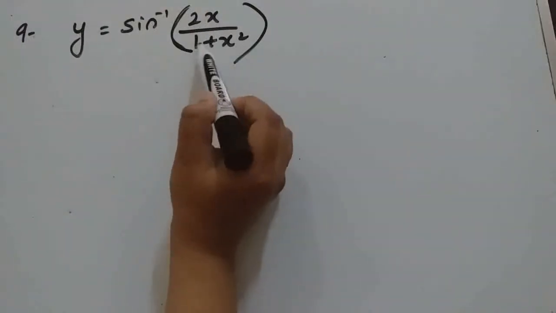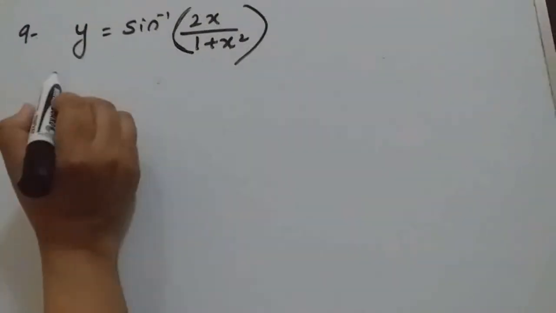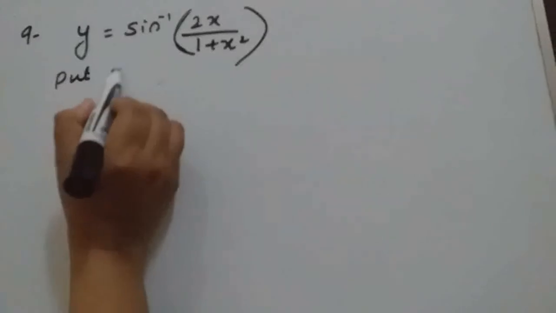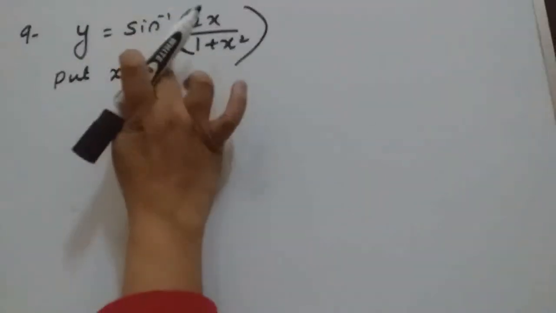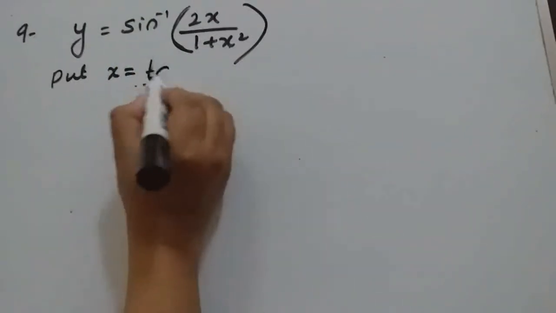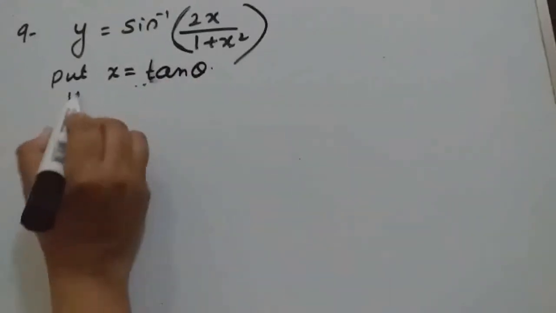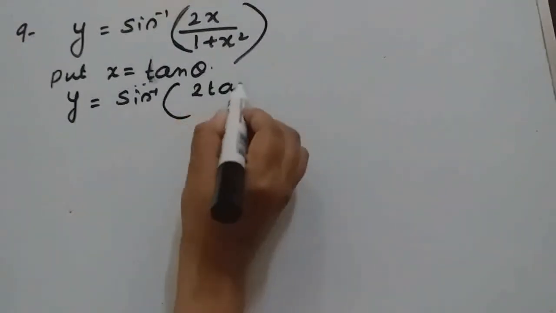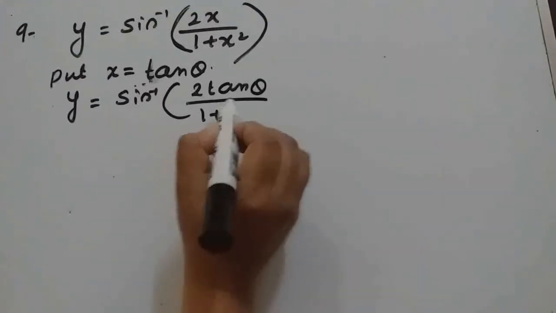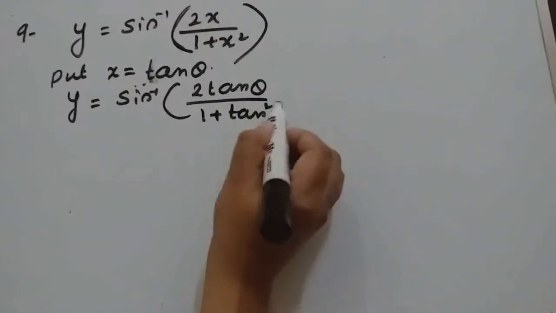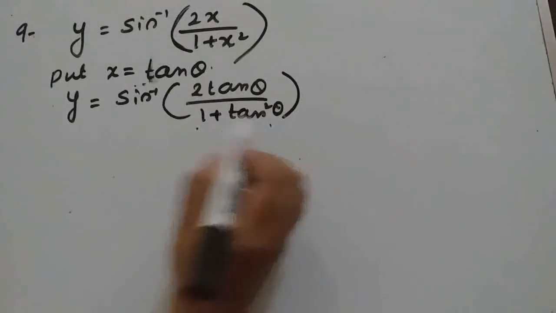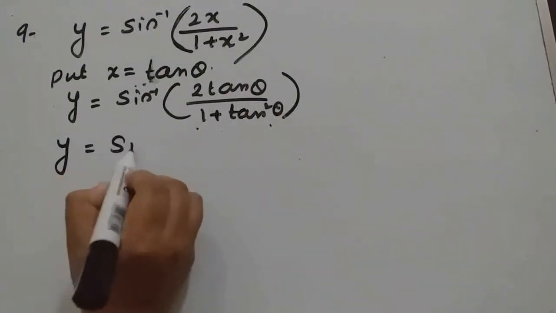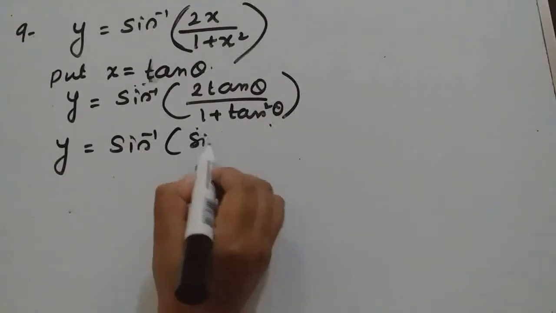Now here 2x by 1 plus x square, so we can put x equal to tan theta. So this question will become 2 tan theta divided by 1 plus tan square theta, which is the formula of sine 2 theta, isn't it? So now we will write sine 2 theta.